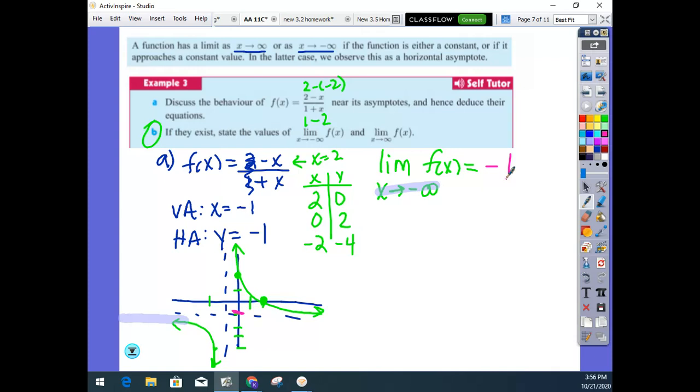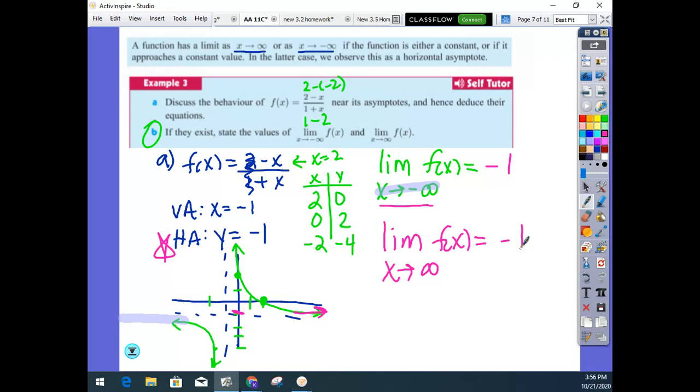One of the reasons we find horizontal asymptotes is that it tells us the limit as x approaches -infinity. Also, what's the limit as x approaches +infinity? Well, guess what? On this side, it's going also to the value of -1.